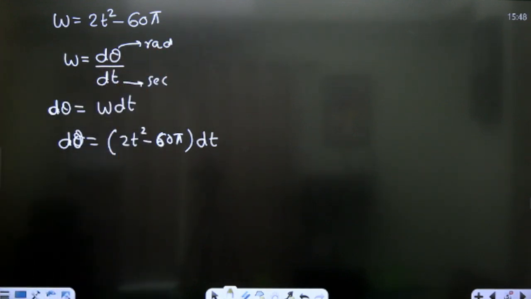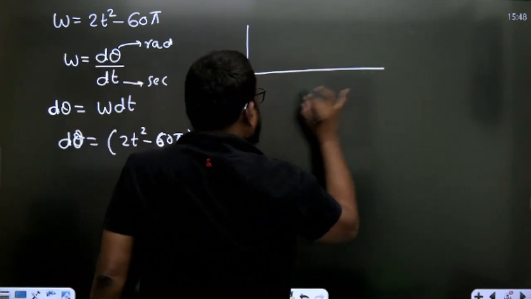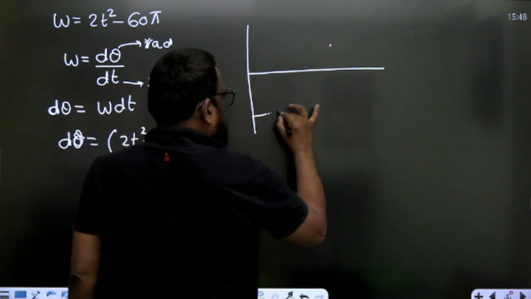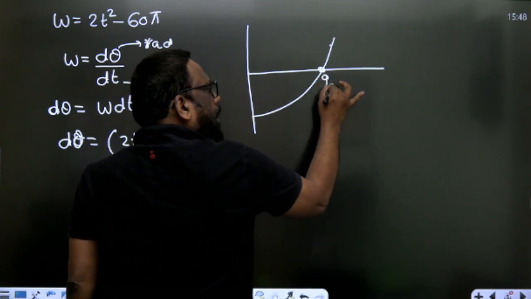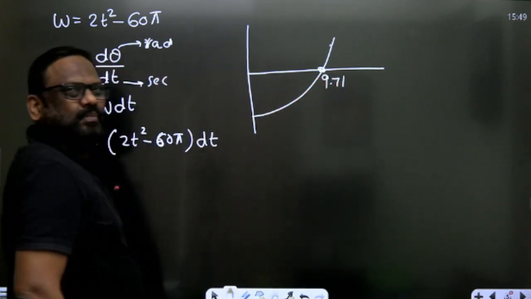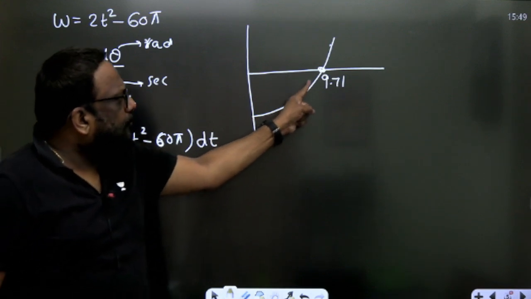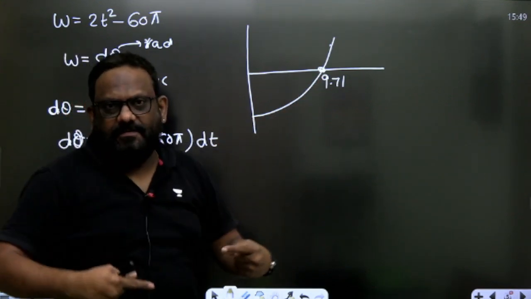But now look here, what will I do? If you see the graph properly, it's like this. So this is 9.7 second. This is one type of rotation, that is all clockwise.